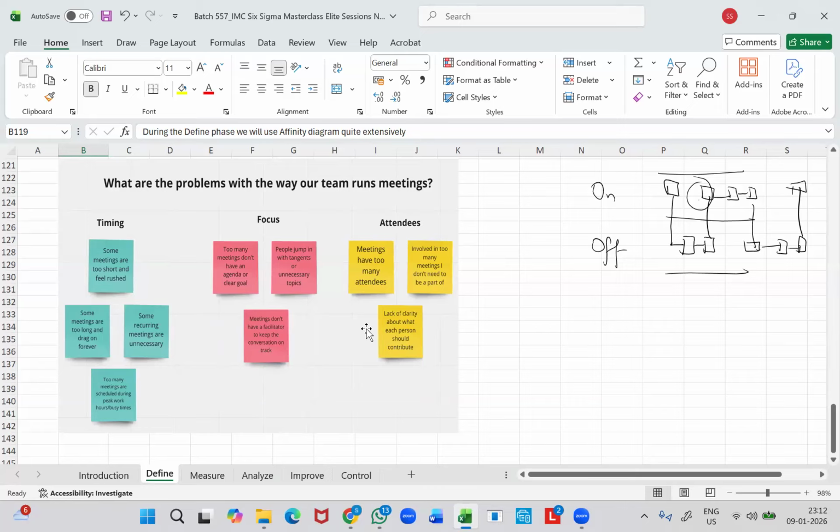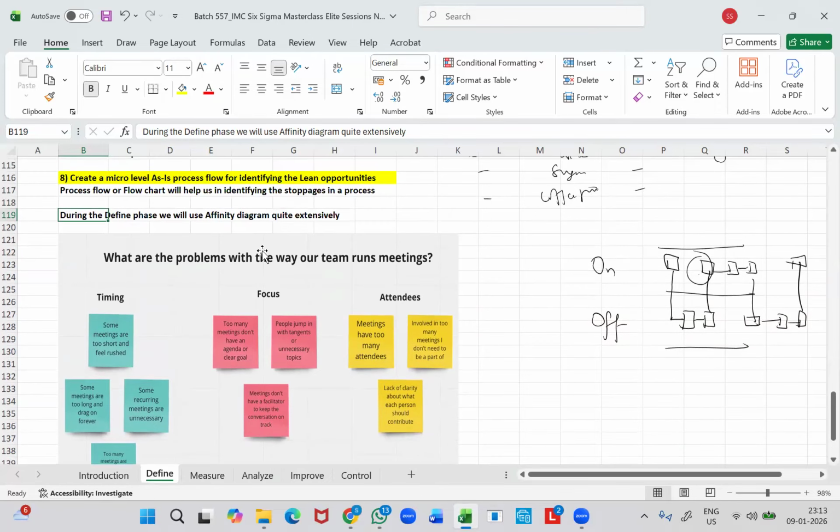And again, prioritizing the customer requirements using the Kano model, the customer needs will be segregated into three types: the must-be needs, the one-dimensional or satisfier needs, and the delighter needs. Since there will be multiple categorizations carried out as part of the define phase, it is generally believed that the affinity diagram as a tool will be used extensively as part of the define phase.